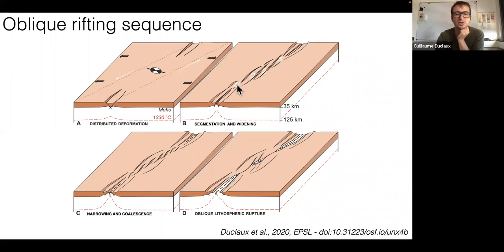So you have to be very careful when interpreting paleoseismology data, if you look at some old faults, because they may have rotated massively. And then we've got this narrowing and coalescence of the structures with amalgamation of these second order structures, which are either oblique or orthogonal. You preserve all these early structures on the passive margin there, and you open your rift like that. So that's it for the oblique rifting.